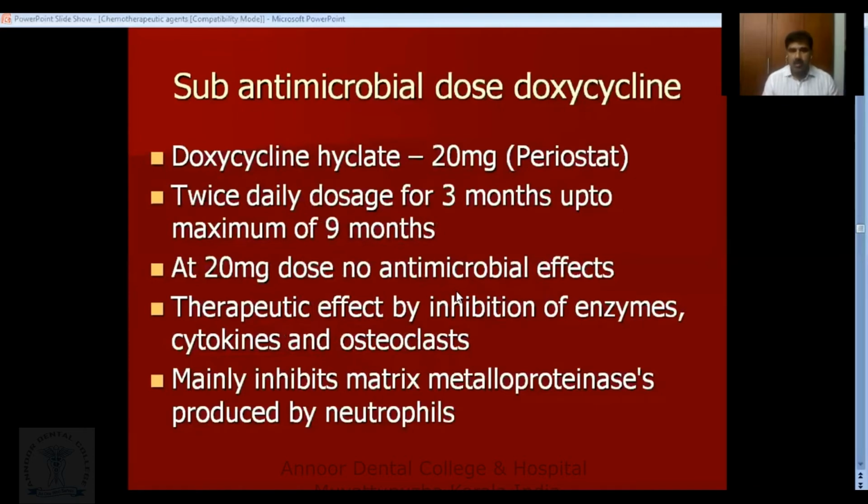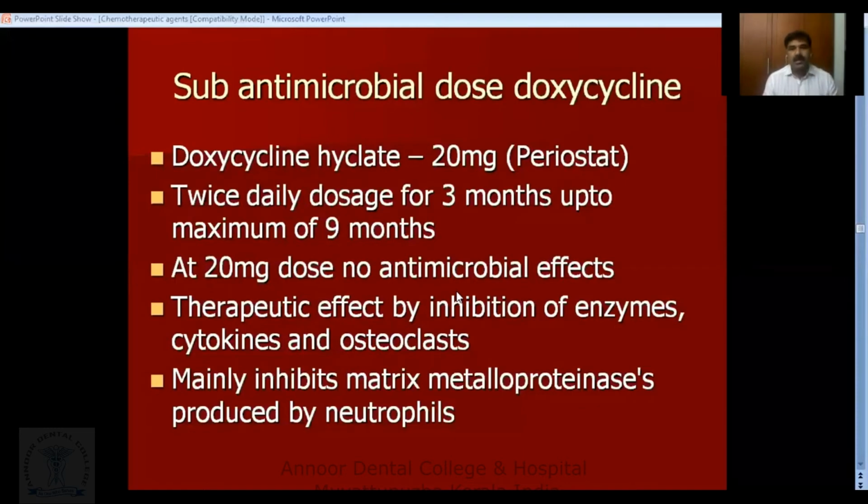Initially you load it as 200 milligram: the first day you give a 200 milligram dose and then on the following days a 100 milligram dose. But when using it as host modulation therapy, you give a 20 milligram dose, one in the morning, one in the afternoon, for a period of 3 months to 9 months.